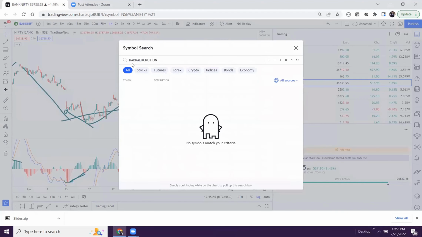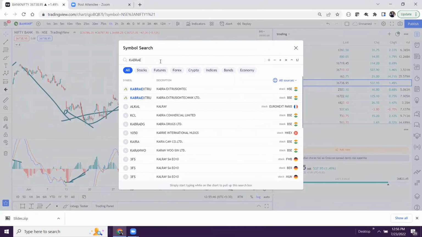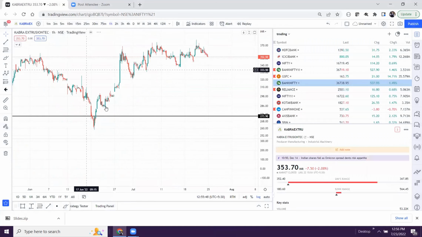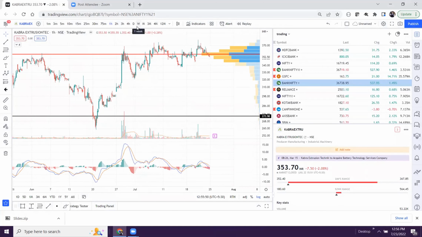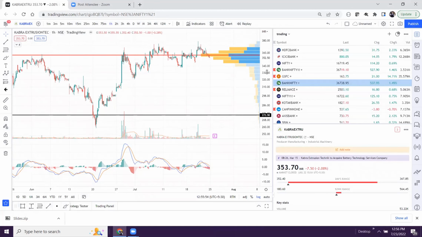Yeah, it's Cabra explosion. Maybe the spelling might be wrong. Just write Cabra, it will come. Yeah, the first one. So which time frame you want? Weekly?